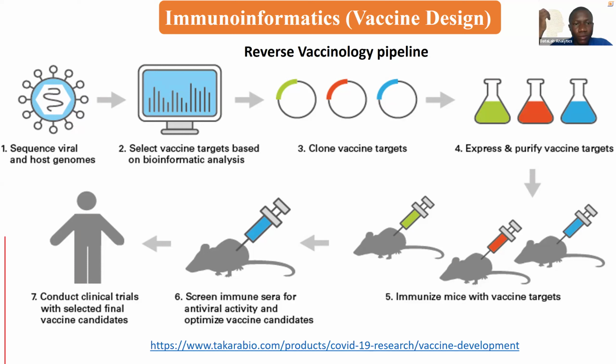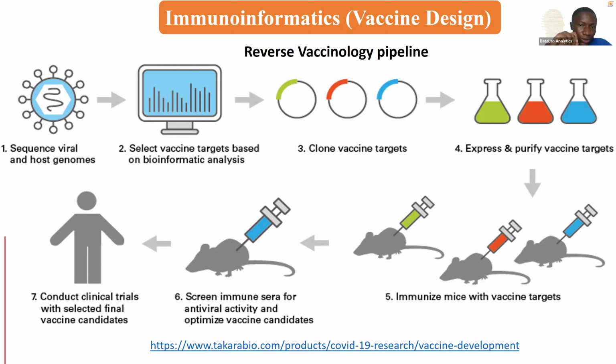So now, after identifying that, we need to get the genome of the viral organism. I'm going to be using viral at this point in time. After that you select the vaccine target based on bioinformatics analysis. We do a lot of analysis to select our vaccine target.